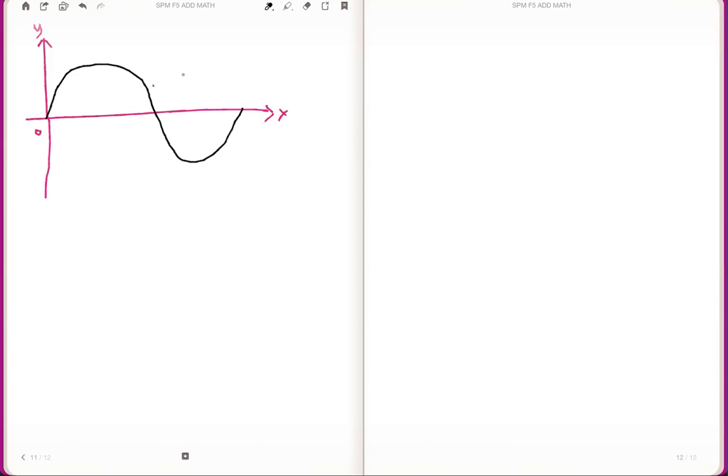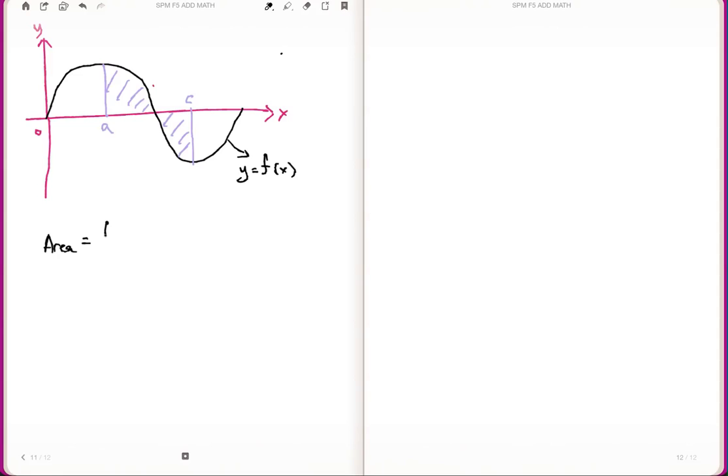If I were to have this kind of curve, and you were asked to look for the area under the curve from here to here, so you need to pay extra attention over here. This is a negative y, maybe this is A, and this is C. In order to get the area, for this curve, I will name this curve as f(x), y equals f(x) curve.